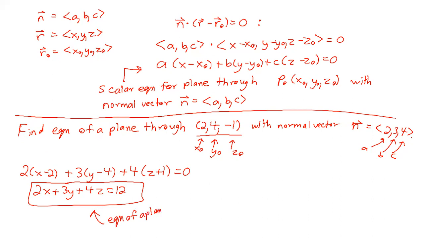For people familiar with optimization, you can see that this kind of looks like an equality constraint. And so that's partly where the utility of this comes in. So then, collecting terms, the equation of the plane is going to be like this: ax plus by plus cz plus d is equal to 0, where d is equal to the negative of ax0 plus by0 plus cz0.